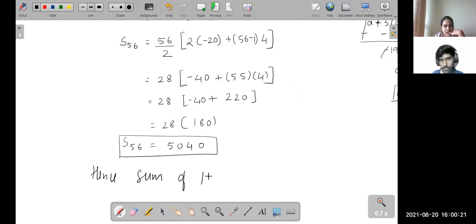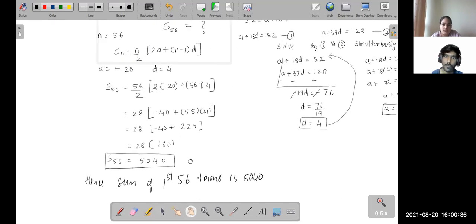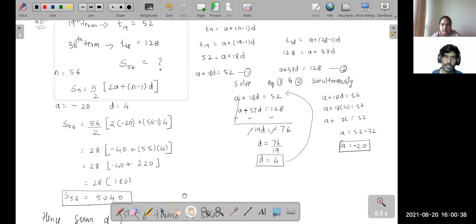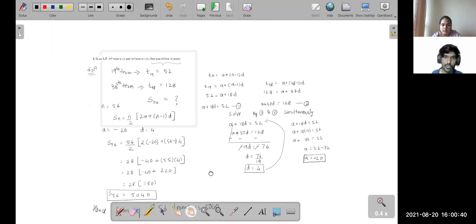Sum of first 56 terms is 5040. Did you understand the sum? Okay. Go through the sum.